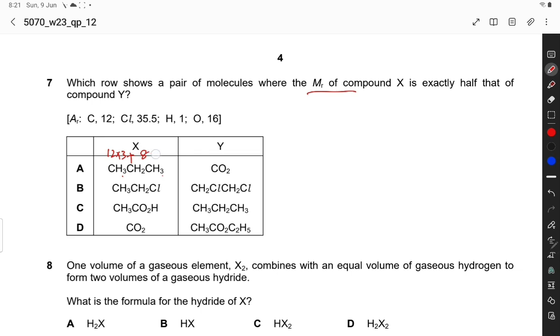So 12 times 3 is 36 and 36 plus 8 is 44. This is 44. This is 44. This is 24 plus 5 plus 35.5, and this is 24 plus 4 plus 71.